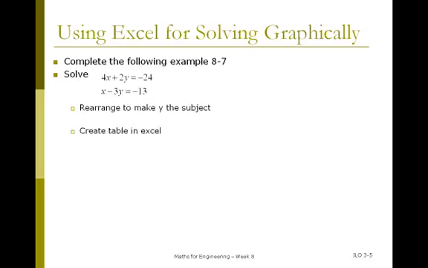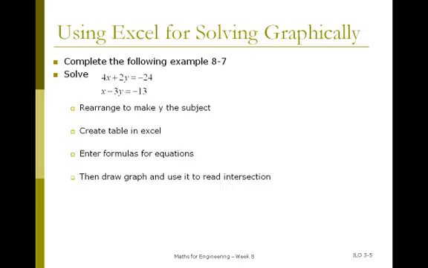Then create the table in Excel, and following this enter the formulas for the two equations. The next step will be to draw the graph and use it to read the intersection point.